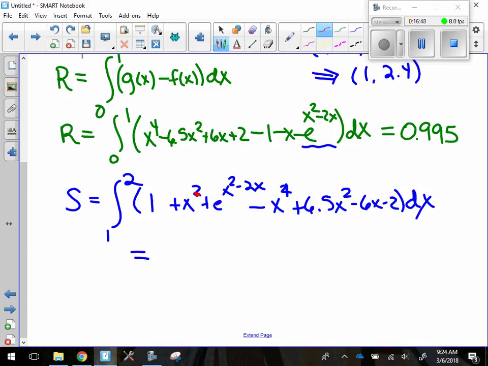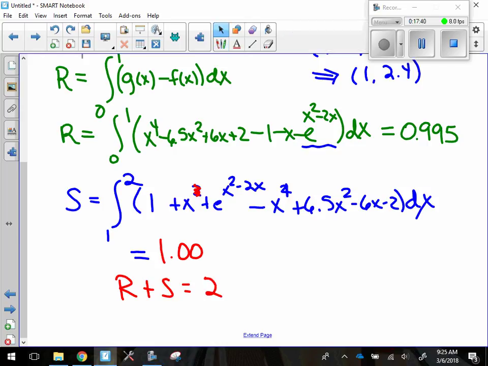Oops, that's not an x squared. Now let's see if we're right.